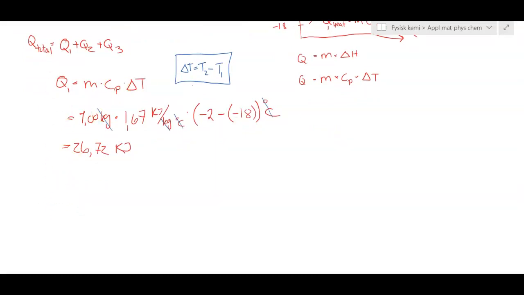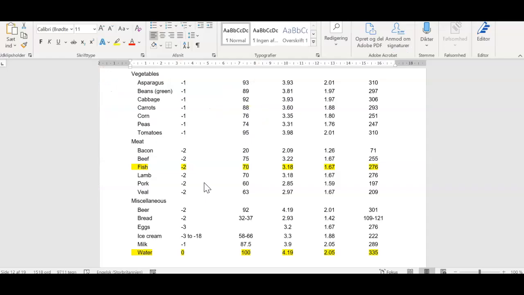Q2. So Q2, that would be the mass times the heat of fusion. And the mass was still 1 kilo. The heat of fusion is also found in the table here.